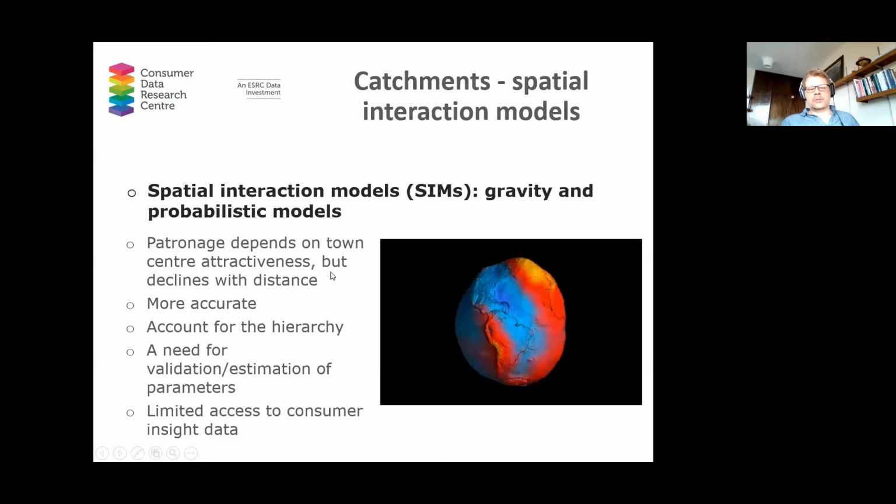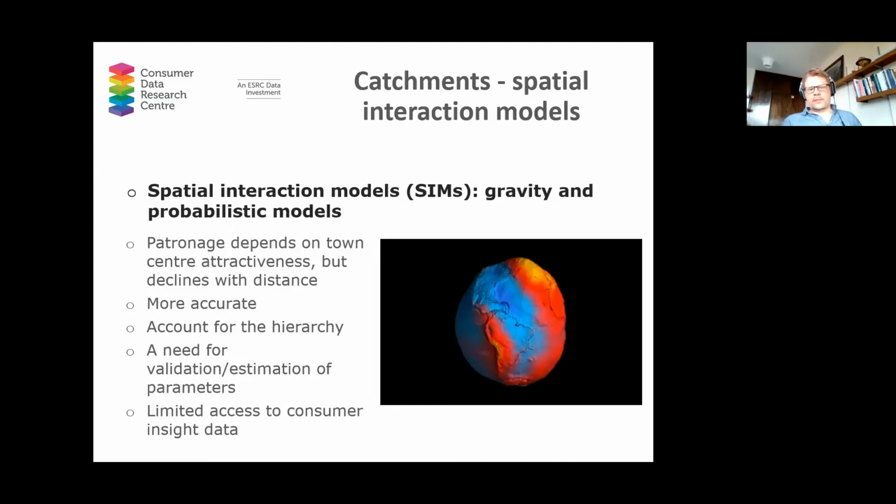In other words, the more attractive a retail center is, the larger the area it is going to draw customers from. And that attractiveness declines with distance. So if you live not too far from the retail center, you are much more likely to visit it, as opposed to if that retail center is really far away. Then you're going to visit it only from time to time, most likely.